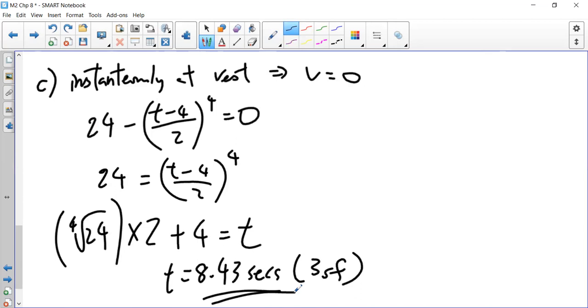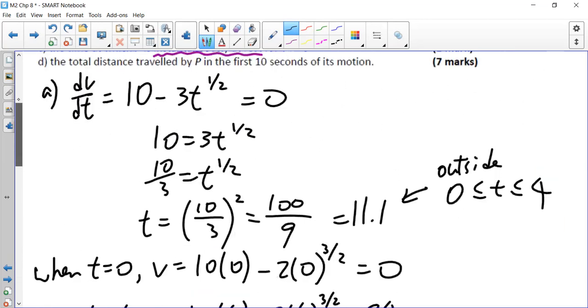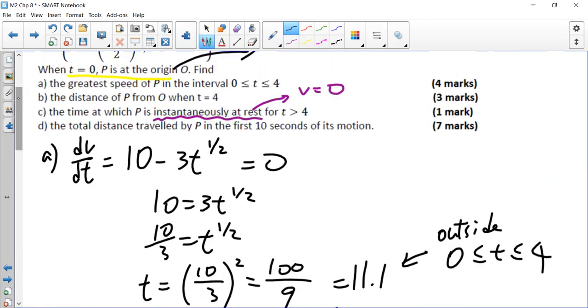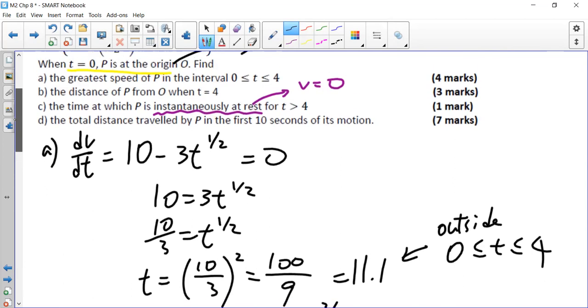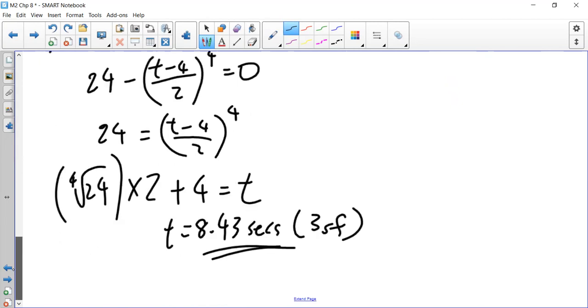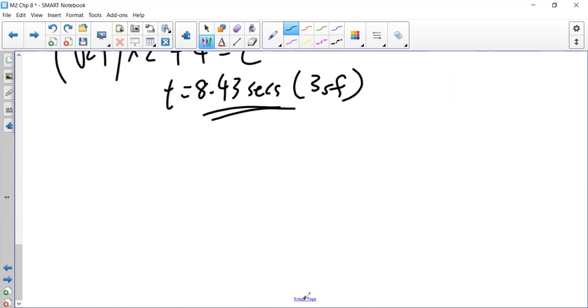Now, this time is very important for us to do part D. You wonder why it is 7 marks. Find the total distance traveled by P in the first 10 seconds of its motion. Remember, when t equals 8.43, P is instantaneously at rest. Think of a car.